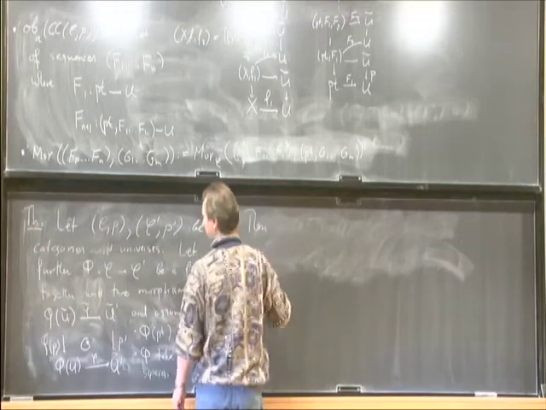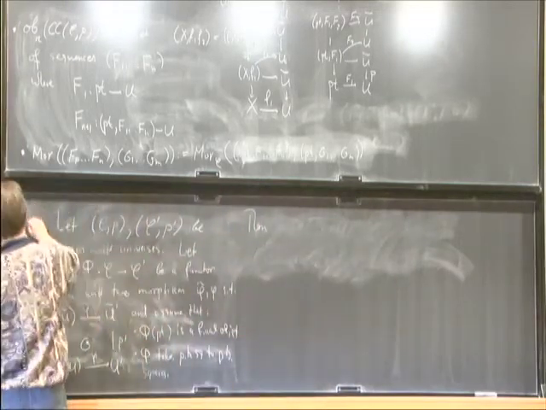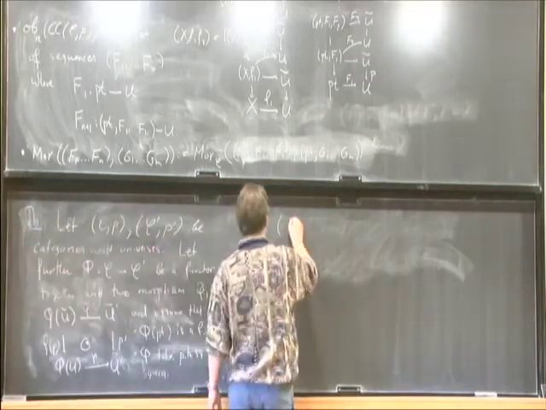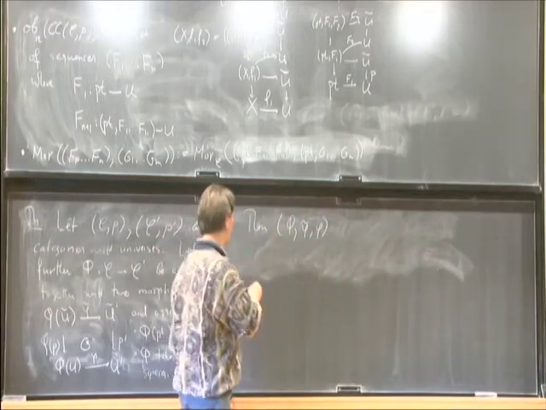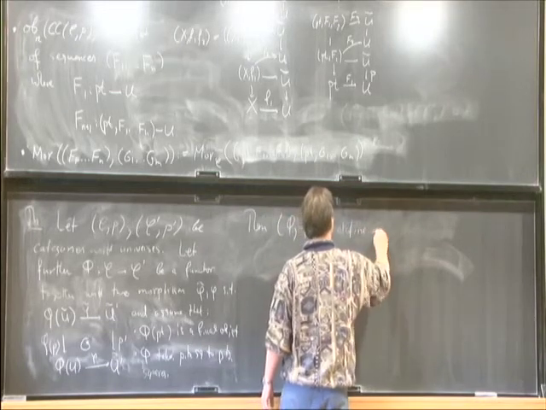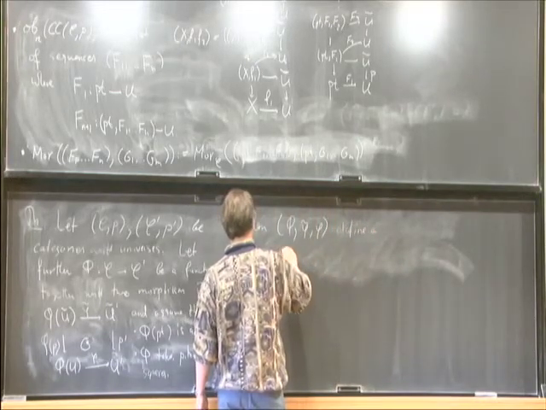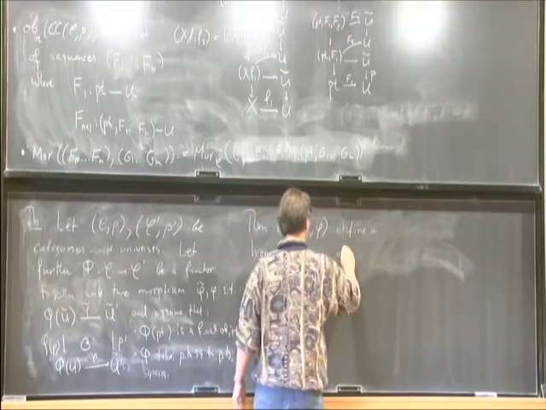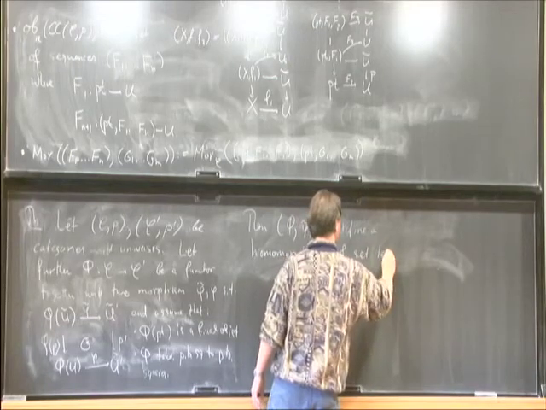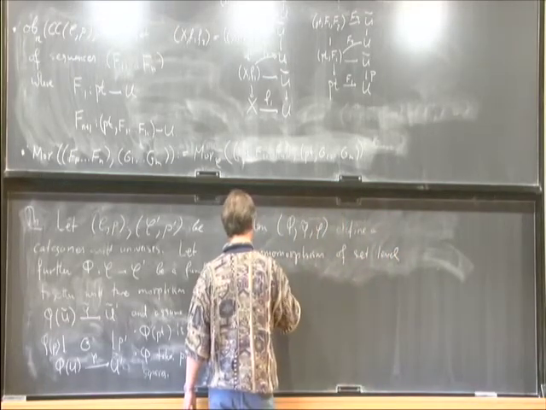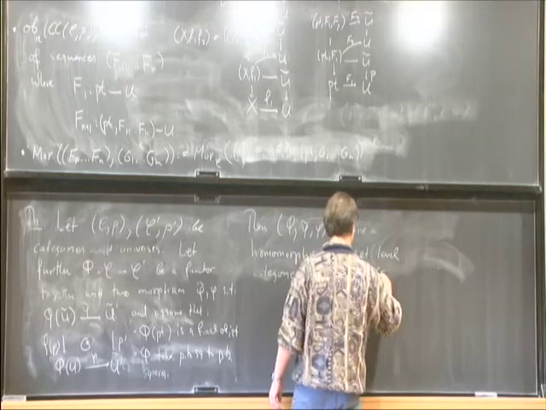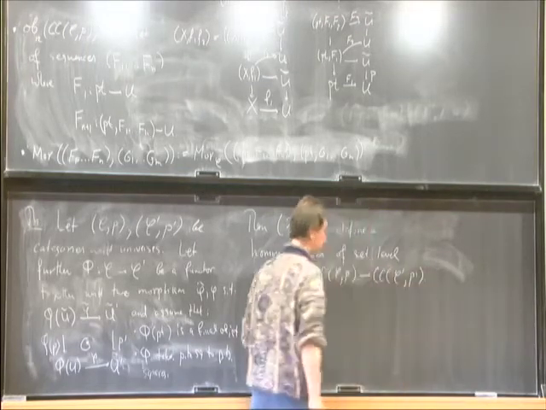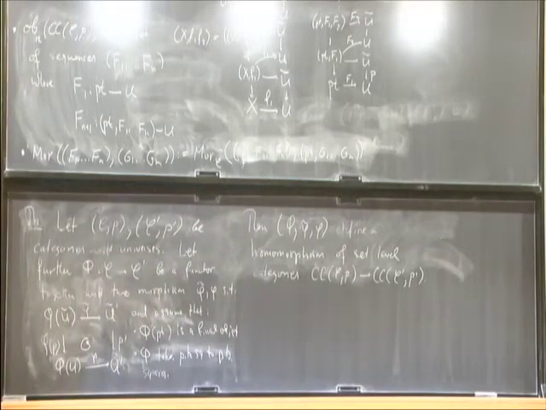Then, well, actually this probably should be a lemma: then phi tilde, phi, little phi tilde, little phi define a homomorphism of set level categories CCCP into CC C prime P prime. This is easy to verify.